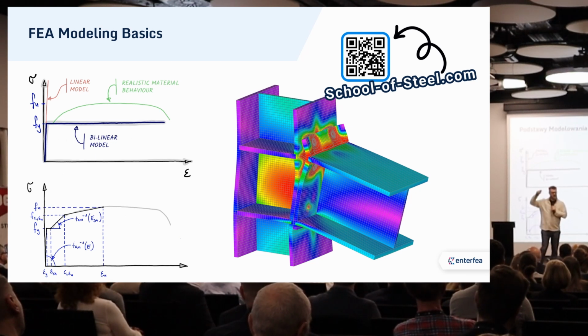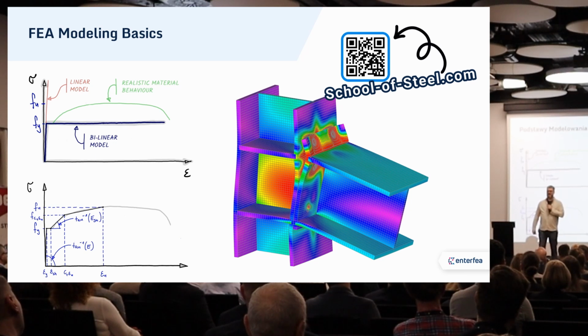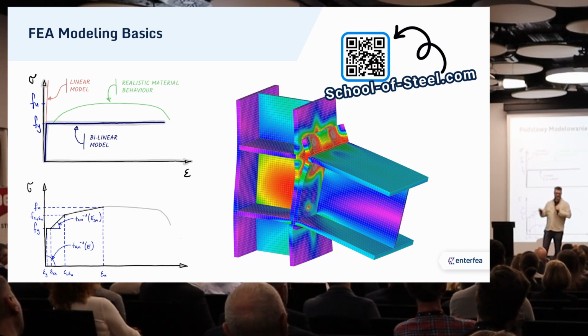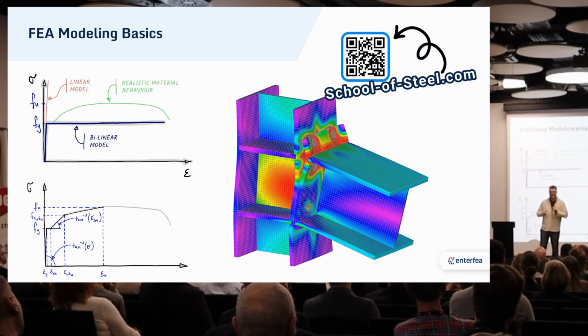Eurocode and other codes allow you to use very complex material models, as you can see at the bottom, but I strongly feel that a simple bilinear material model that is linearly elastic up to the yield and then a perfectly plastic horizontal line to infinity is absolutely sufficient when it comes to modeling connections, especially made from normal structural steel that has an easily seen plastic plateau.